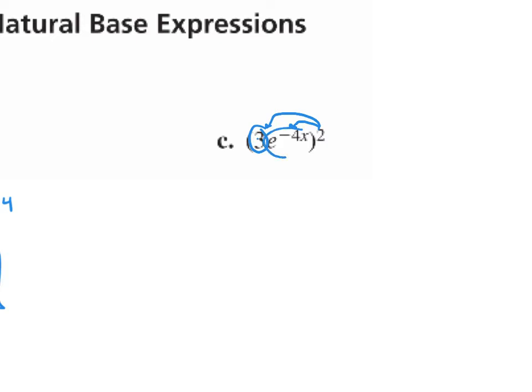So we have to make sure we distribute that 2, so it's 3 squared times e to the power of negative 4x squared. Don't forget, you have to square the 3 also. So what's 3 squared? 9.